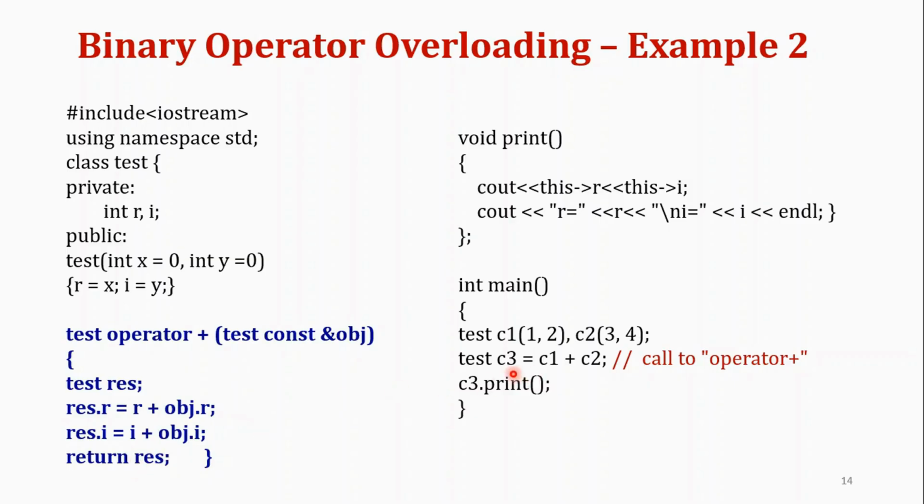C3 will now take the value from the res object. Res is the temporary object. So C3.r would be res.r, and C3.i would be res.i. That will be displayed in the print. So very simple. I just added the imaginary part to the old code. This is how the binary operator explains addition of two complex numbers by object addition.